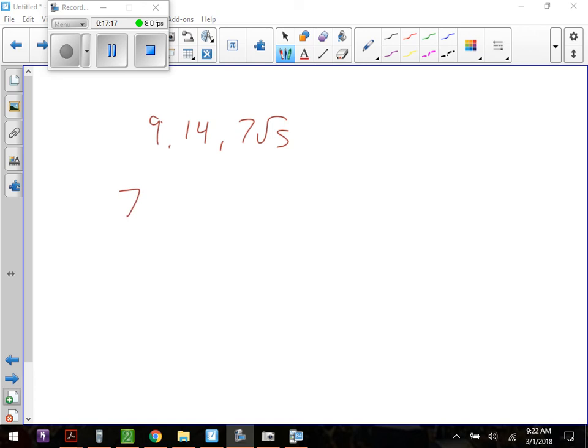So we write 7 root 5 in parentheses quantity squared. What's the relationship of that with 9 squared and 14 squared? This is where making sure you have parentheses around your radical becomes super important when you're trying to determine what type of triangle it is. When I ask you to determine what kind of triangle it is and show your work, this is the kind of work you do.